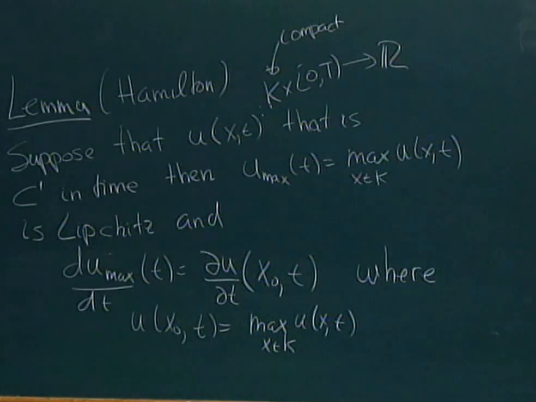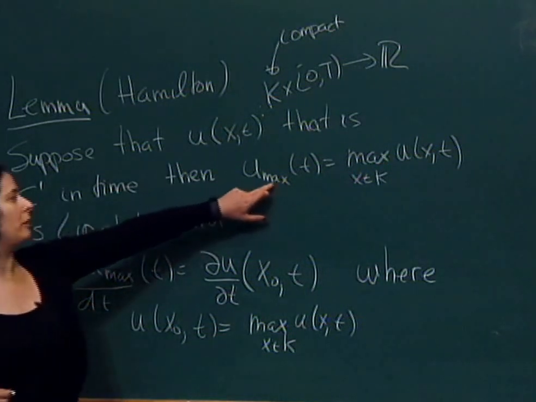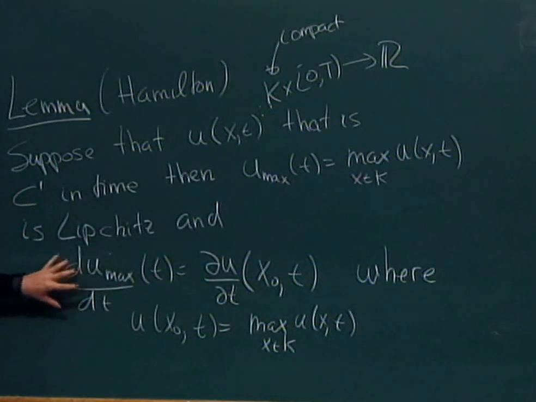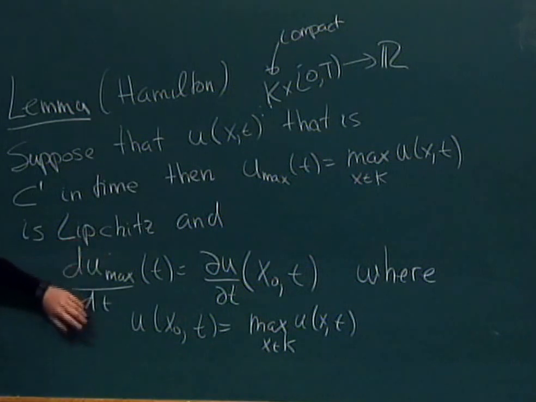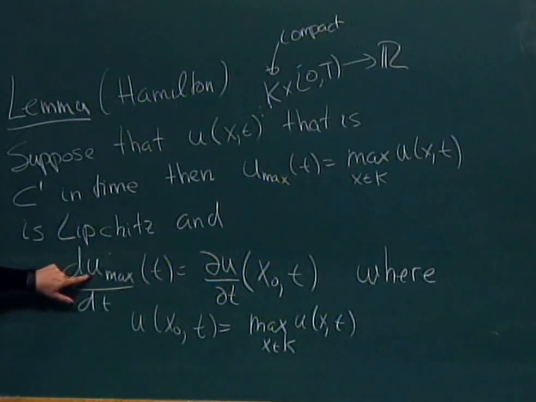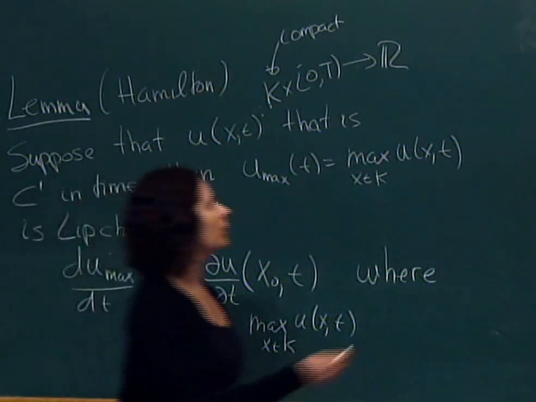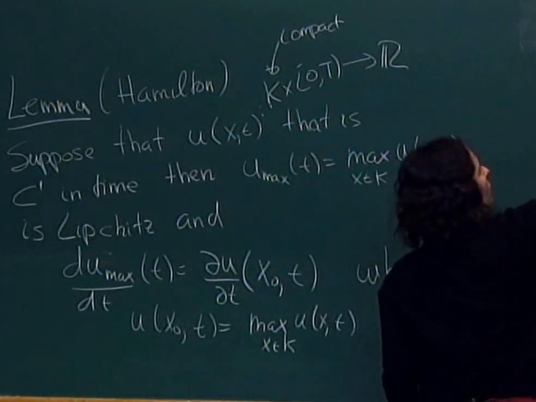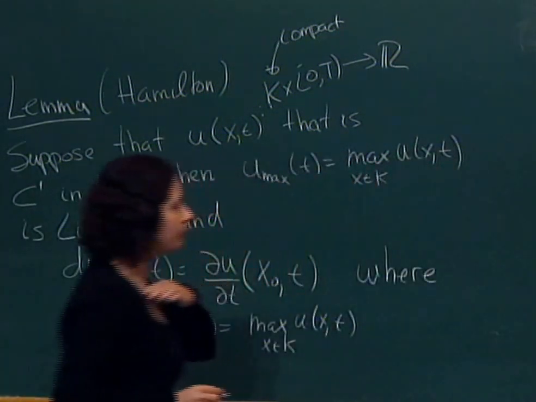Okay, so I'm going to be using this all the time, and of course you can replace the maximum here by the minimum. So I'm going to use the equations that this satisfies to find equations for this quantity here. Let me give you an idea of the proof. It's a very simple proof.